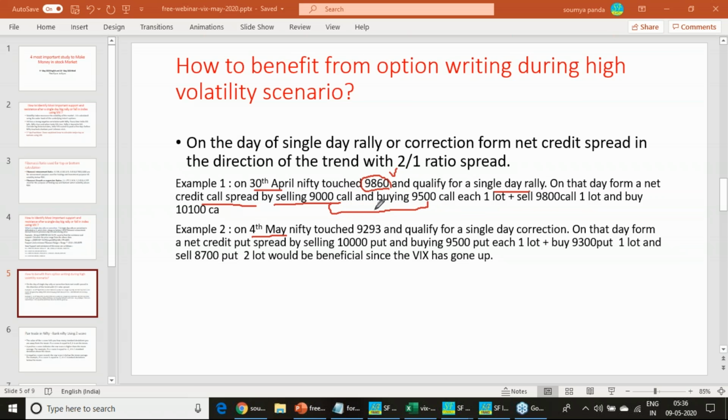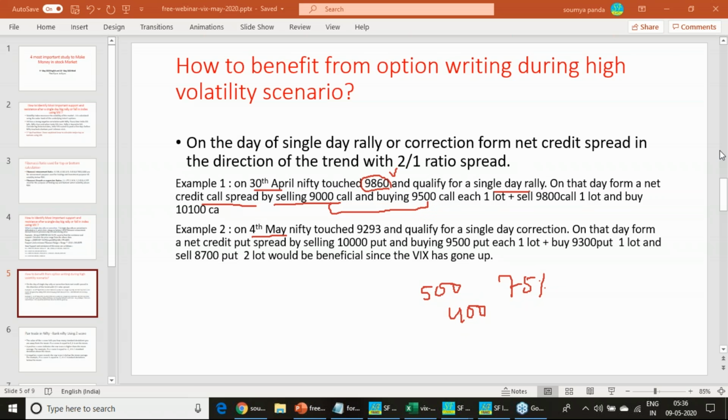The reason is that between 9,000 and 9,500 I have a 500 points gap, and I required 75% of this value, or near to 80% of the value, near to 400 rupees credit. If I am getting it, I should take it. For that reason only I have taken the 9,000 and 9,500 calls.